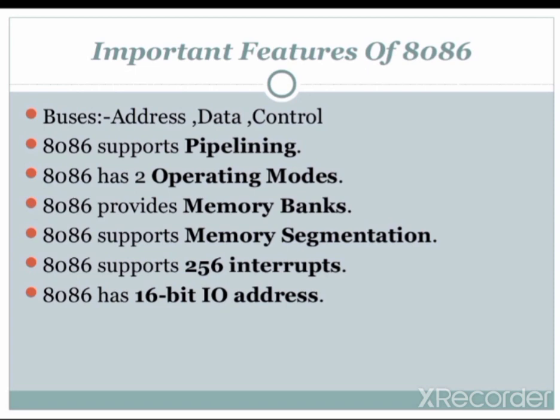So on screen you can see the important features of 8086. It has address bus, data bus and control bus. Now what do you mean by bus? The bus is a group of wires that can control the parameters in 8086.